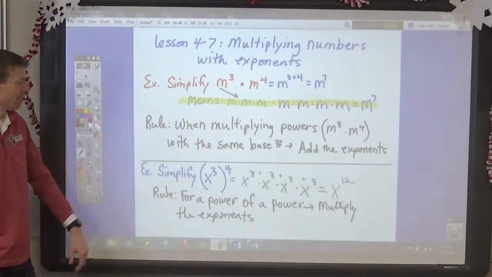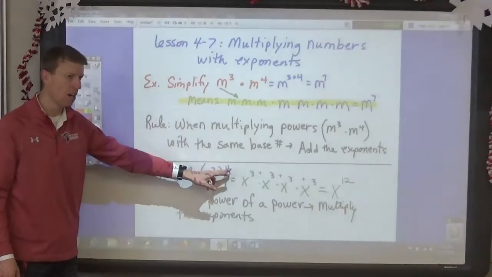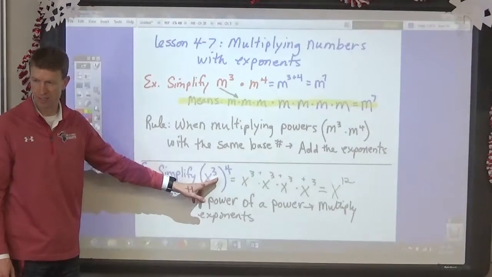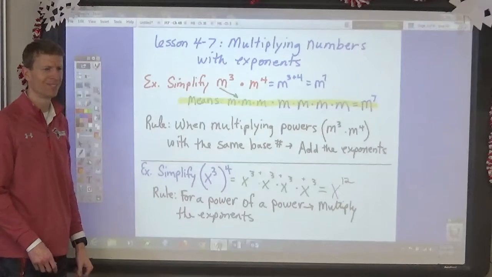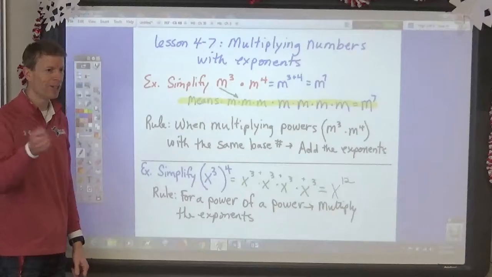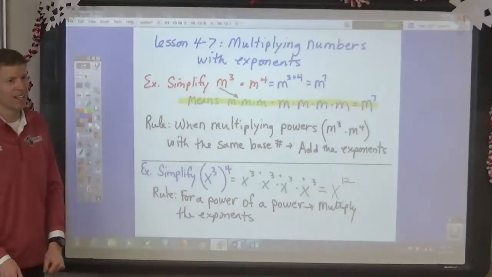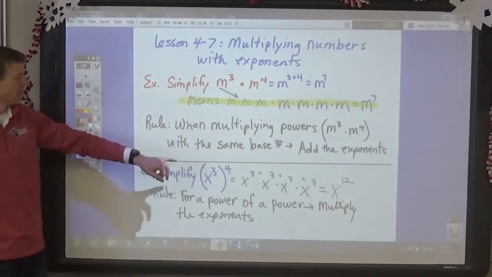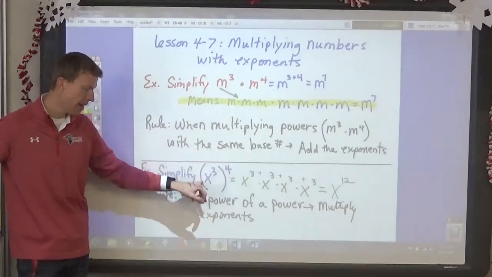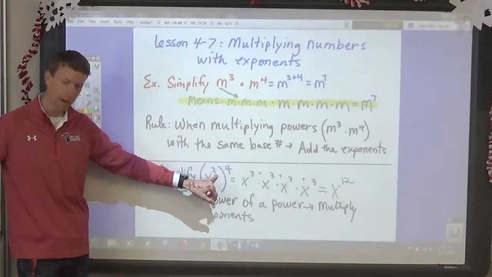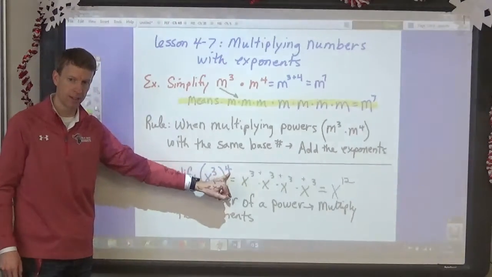Good job. Now, sometimes you will see powers of powers. A power of a power is when you have a power inside parentheses, x to the third, and that's taken to the fourth power.